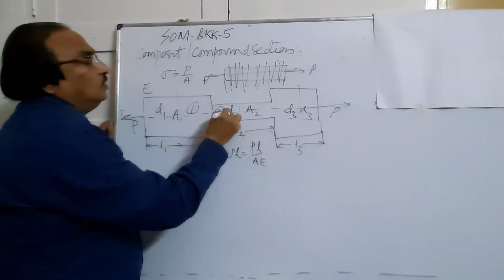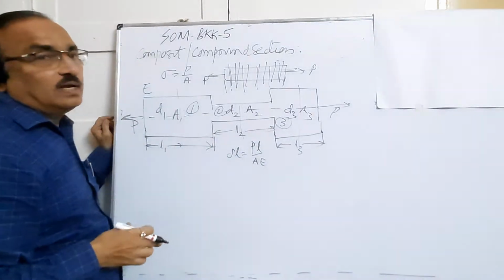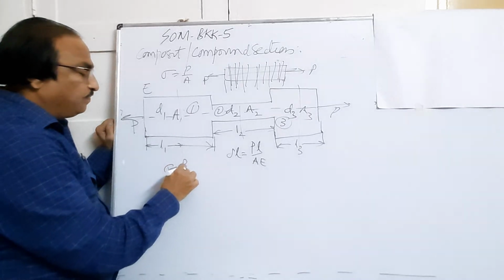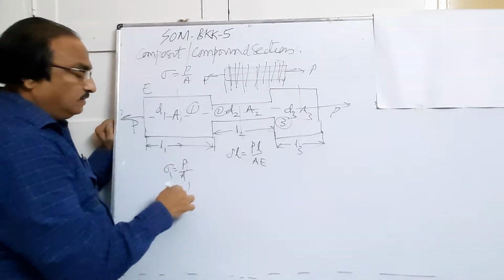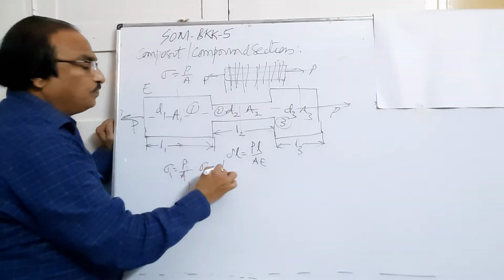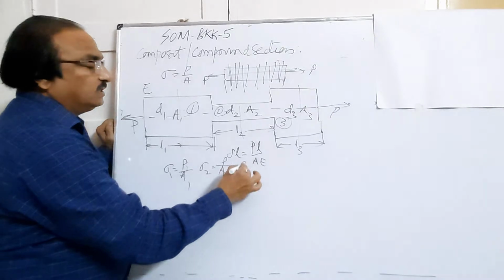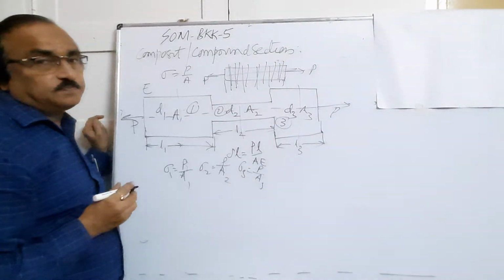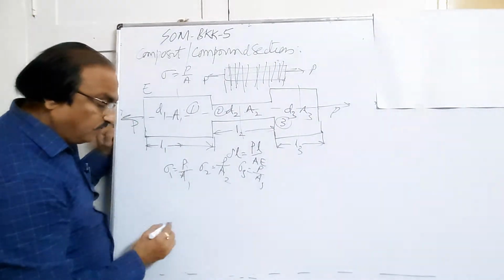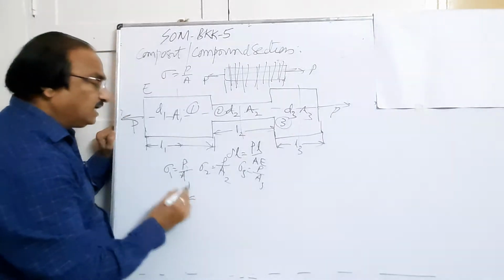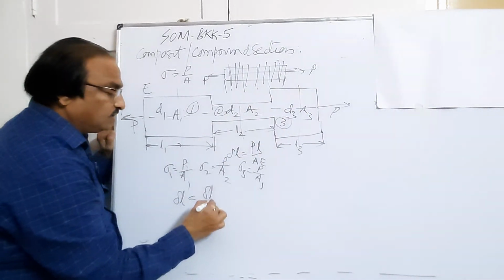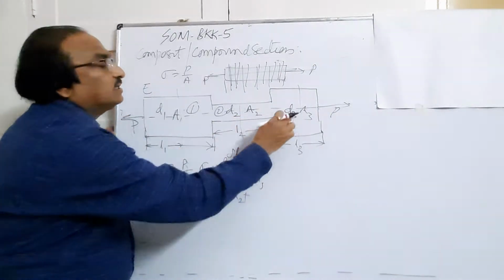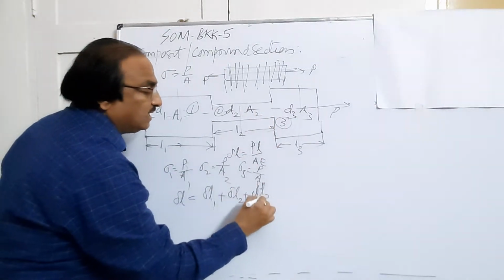So if I consider each portion separately, you will get stress in 1 equal to P by A1. Stress in 2 will be equal to P by A2. Stress in 3 will be equal to P by A3. P is same for all the cross sections. Right? Now we will try to use the formula for deformation. Total deformation that will be taking place will be deformation of first portion plus deformation of second portion plus deformation of third portion, delta L3.